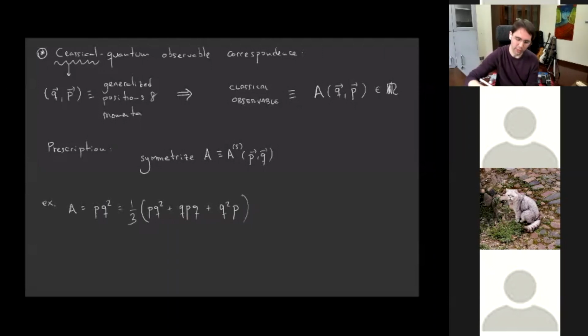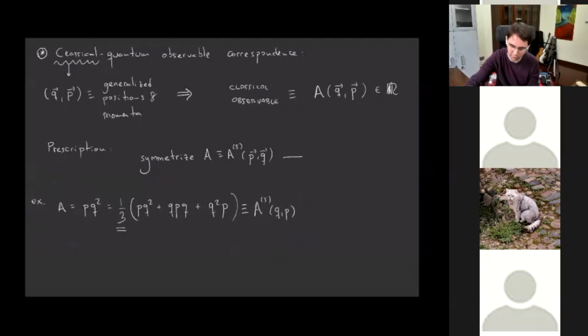So when I say symmetrizing this observable A, I mean that we write all the possible orderings and we weight them with, in this case, 1/3, because we have three orderings. And this is what we will call the symmetric form of A.